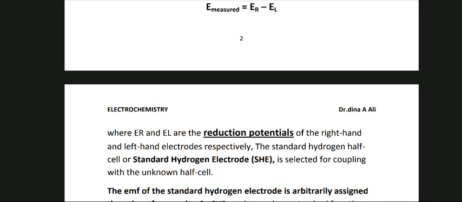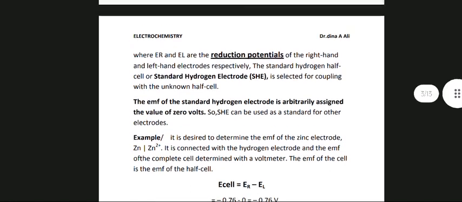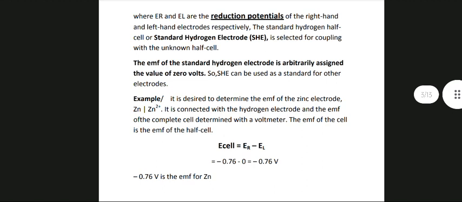The standard hydrogen half cell or standard hydrogen electrode is selected for coupling with the unknown half cell. The EMF of the standard hydrogen electrode is arbitrarily assigned the value of 0 volts. So, the standard hydrogen electrode can be used as a standard for other electrodes. Example: it is desired to determine the EMF of the zinc electrode, Zn to Zn2+.